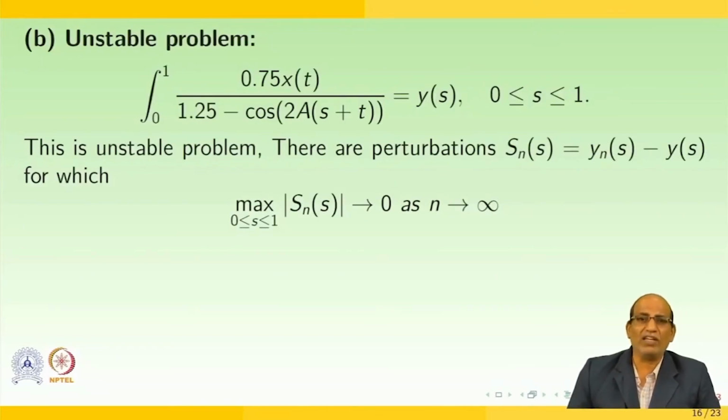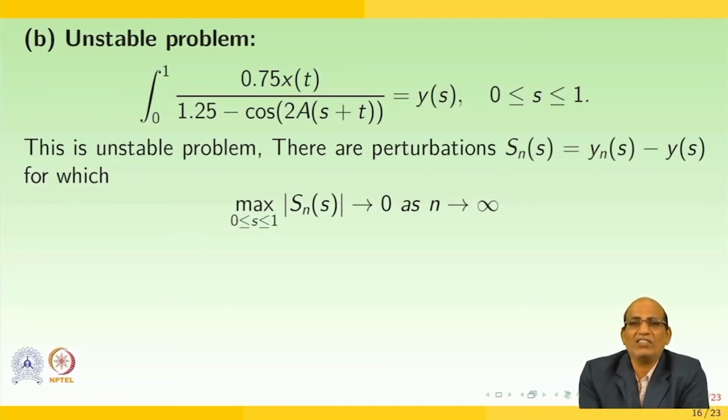Let's see another example, for unstable problems. You have an unstable problem on the interval 0 to 1: 0.75 x(t) / (1.25 - cos(2π(s + t))) = y(s), where s lies between 0 and 1. So this is an unstable problem.